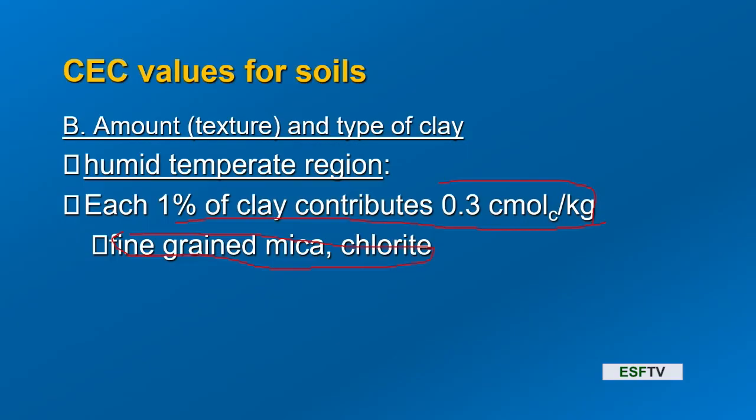If we think back to that spreadsheet and to fine-grained mica and chlorite, the average CEC was 30 centimoles of charge per kilogram. Okay? So for every percent, we take a hundredth of that, we work that backwards, this accounts for about 0.3 of a centimole of charge per kilogram, based on the idea that the average was 30.